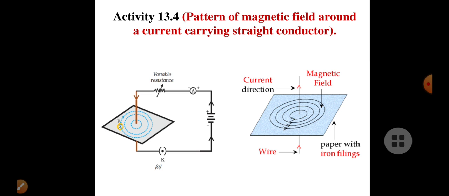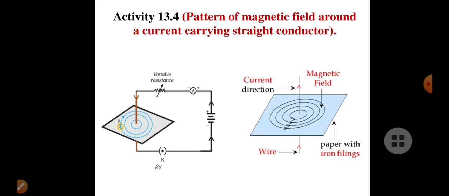Also, we can see this pattern if we do not have iron filings with us. We can place a compass needle at various positions around this wire, and we can see the deflection produced in its north pole. In this way also we can see the pattern of magnetic field around this straight wire.